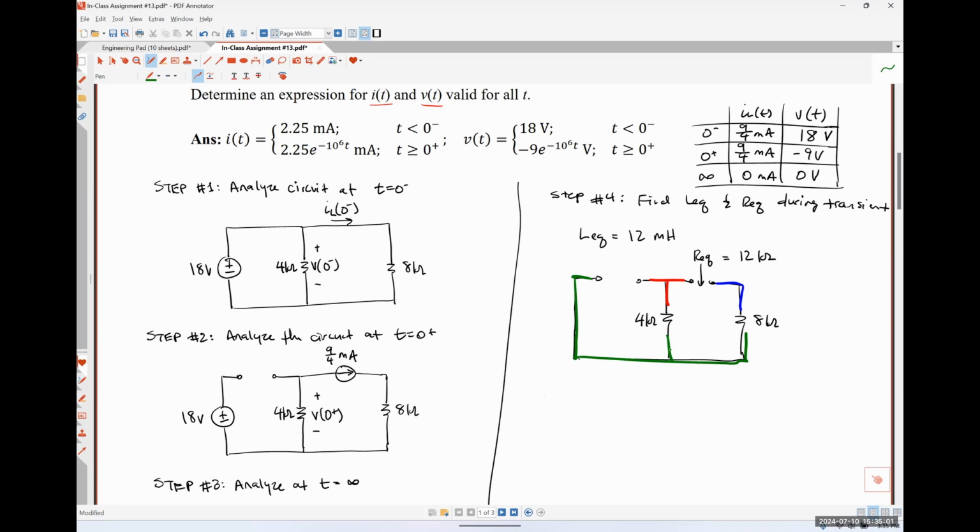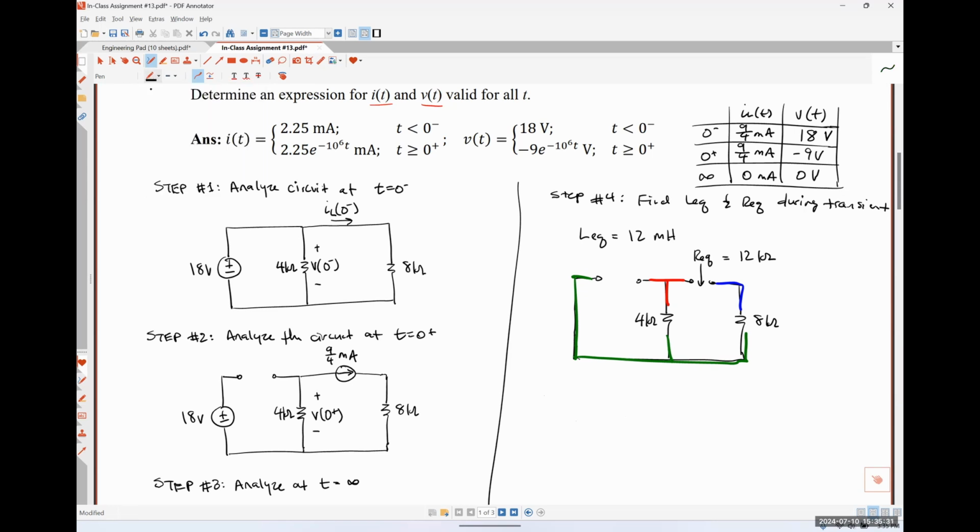For the 4 kilo ohm resistor to be in parallel with the 8 kilo ohm resistor, they would both have to be between the red and the green or the blue and the green. But they are not. Only the 4 kilo ohm is between red and green. Only the 8 kilo ohm resistor is between blue and green. So because this node and this node aren't tied together, they are not in parallel. Again, I know that nobody asked for it, but I just wanted to be really clear about that.